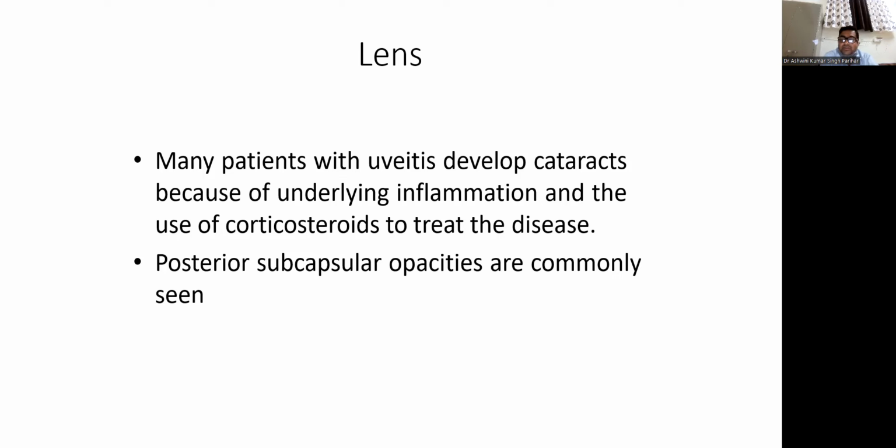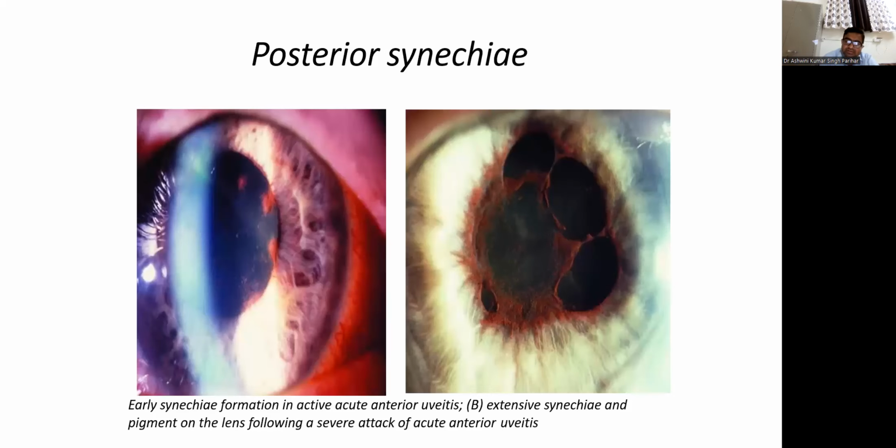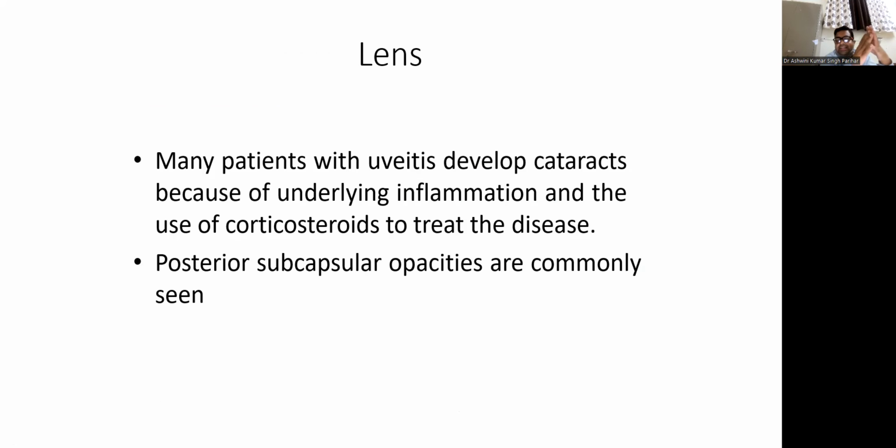And also, if there is so much synechiae, like I have shown you in the previous slides, this almost 360-degree extensive synechiae, they are complicated cases to operate. While taking these cases, as I have already mentioned in the last class, we should use different rings or pupil dilating agents.